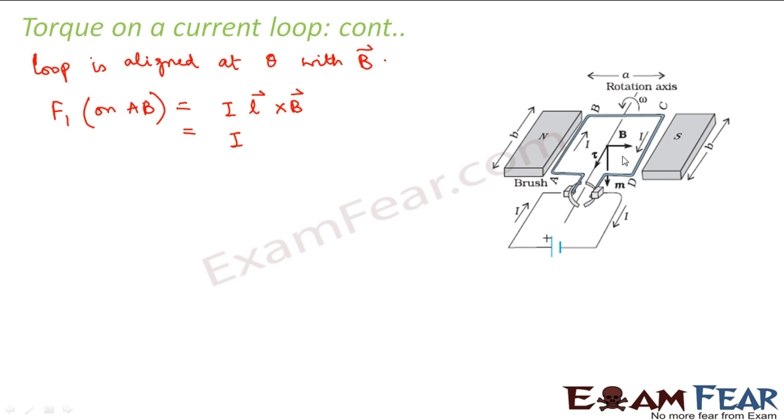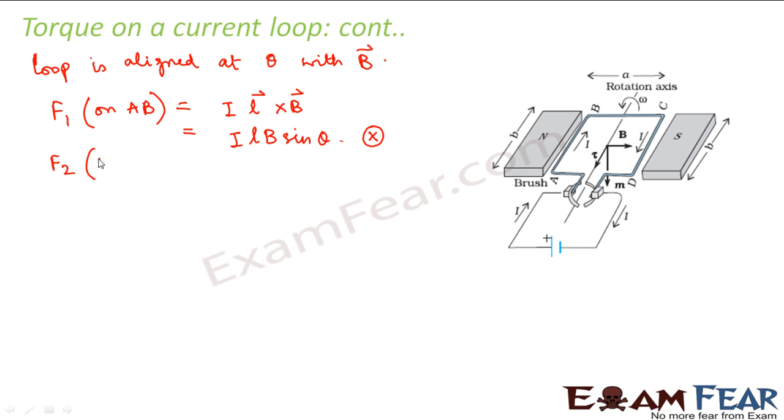The magnetic field makes some angle with this loop. This is not the correct diagram in this case. This loop is at some angle. So we will say this will be I L B sine theta, and the direction will still remain downward.